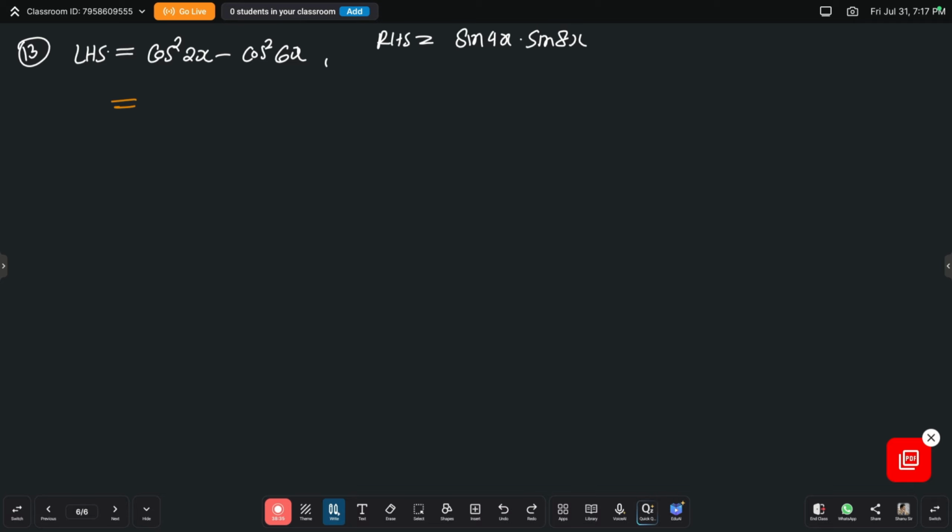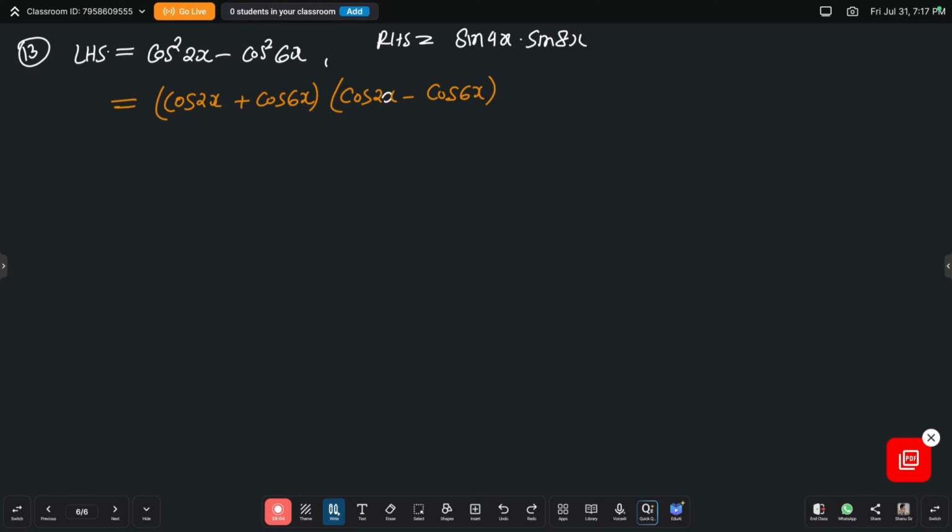First step, the a square minus b square formula is activated. Then a plus b, a minus b, but a means cos 2x and b means cos 6x, so it would be cos 2x plus cos 6x, and here cos 2x minus cos 6x.